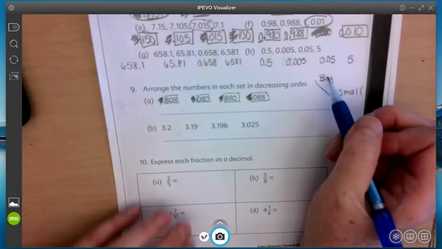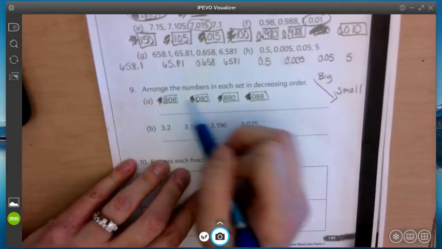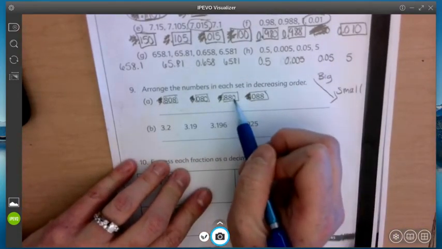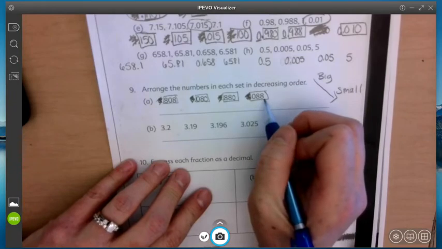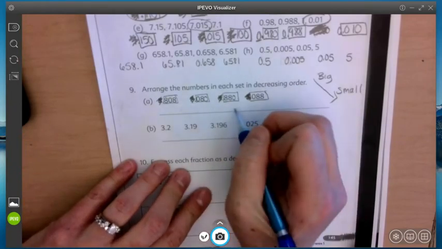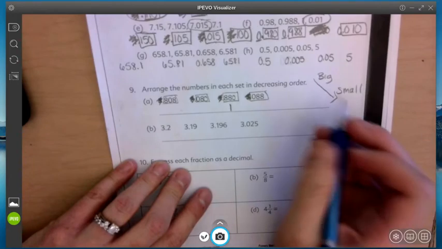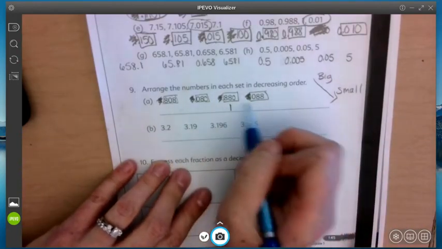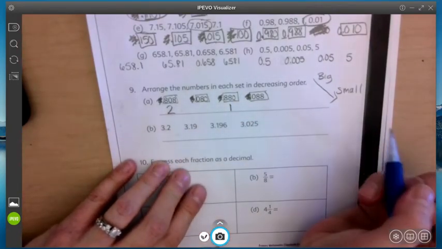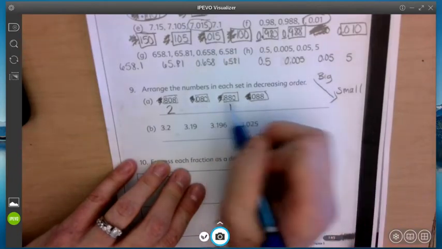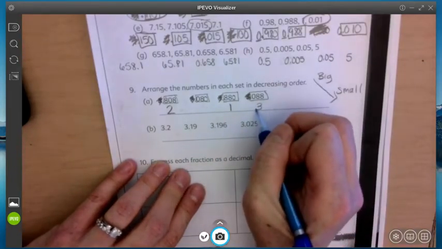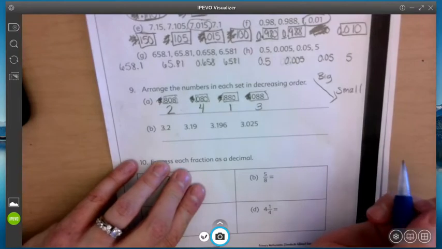Which one is the biggest: 808, 80, 880, or 88? Well, 880 would be the biggest, so that's number 1. Then 808 would be the next biggest, that's number 2. Then the next biggest would be 88, and then 80 would be the smallest.